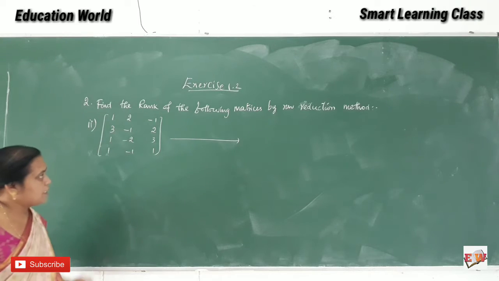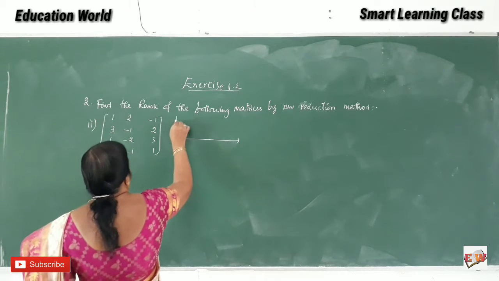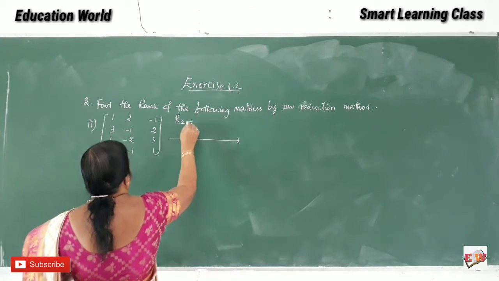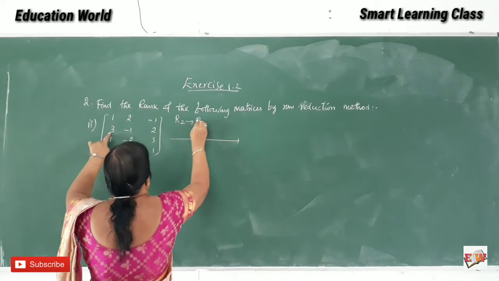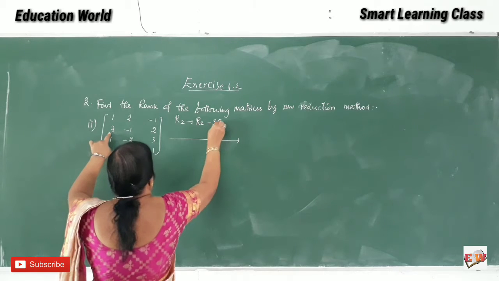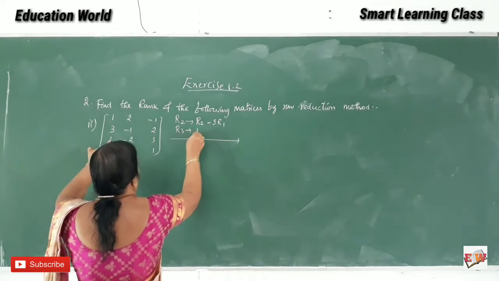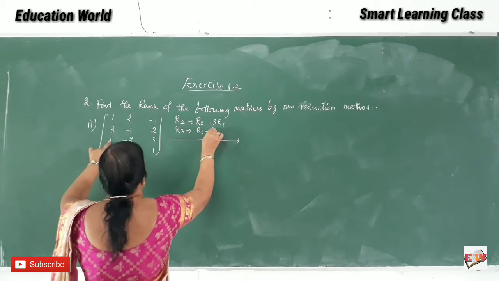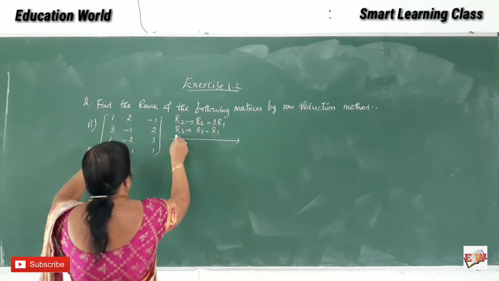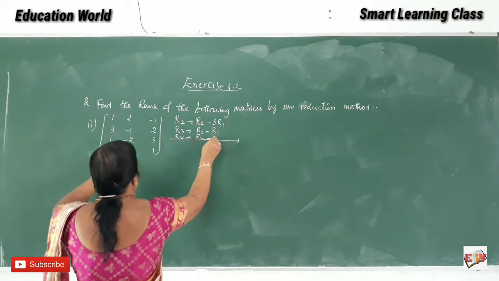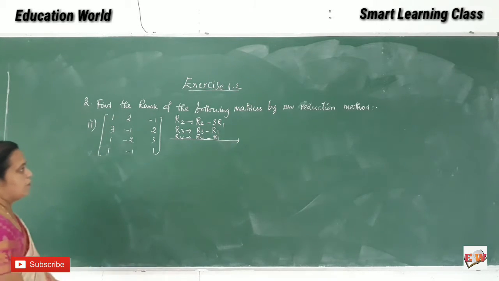For that I am going to transform R2 into R2 minus 3R1, R3 minus R1, R4 minus R1. We have to do it one by one.